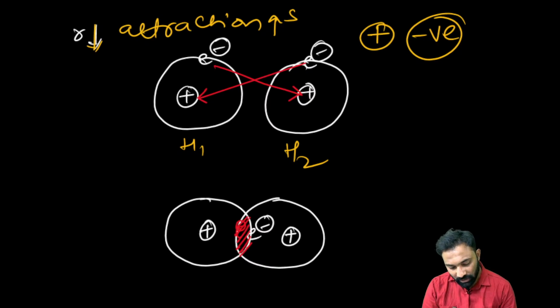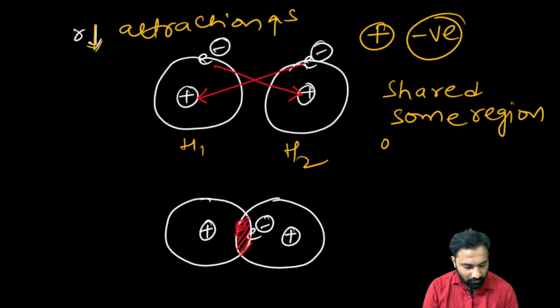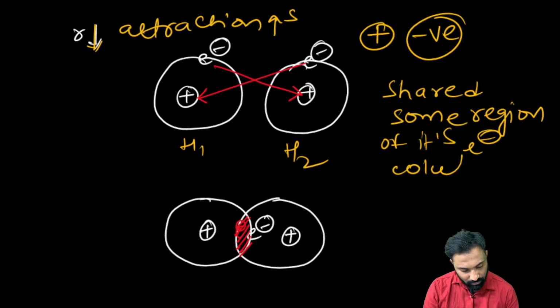The H1 atom electron and the H2 atom electron have shared some region of their electron cloud. That region we call the overlapping region.